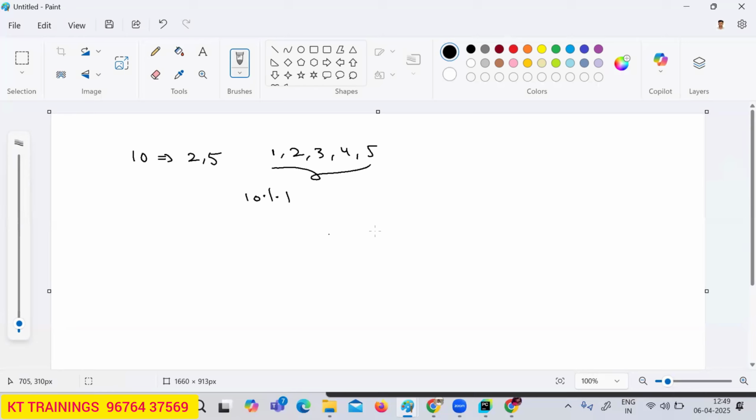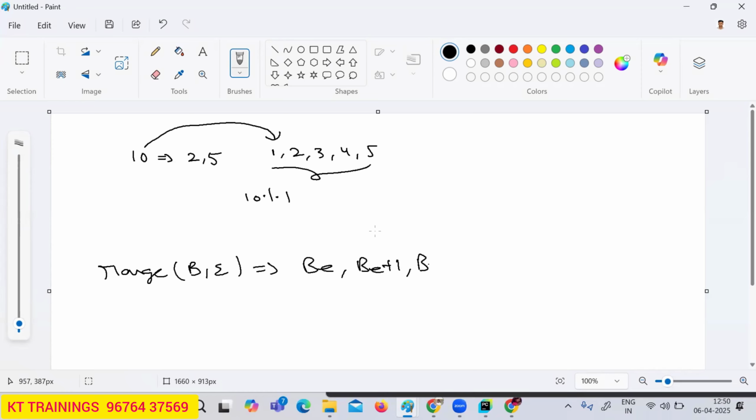How to write this? For 10, we can write 1 to 5. We have the keyword range. Range of begin comma end gives values from begin, begin plus 1, begin plus 2, up to end minus 1. Starting value is 1, and what is the ending value?